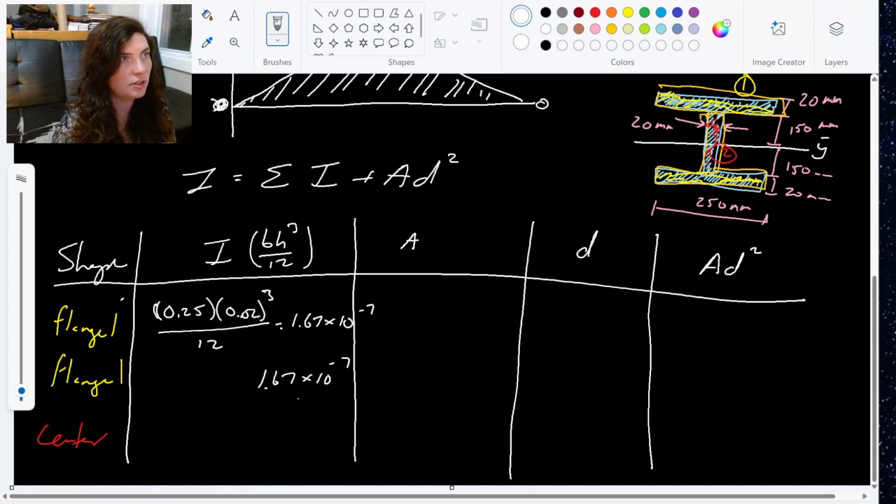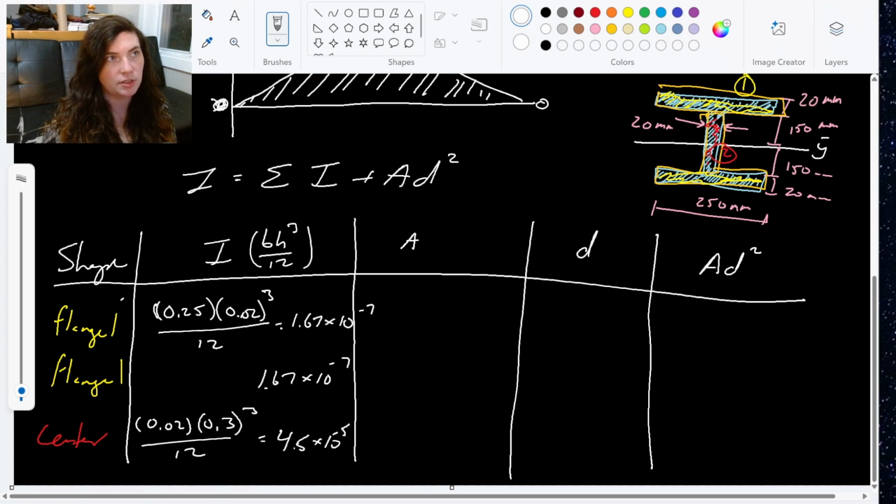And then for my center line here, it's going to be a base of 20, 0.02, times the height, which is 150 each direction, so that's a total of 300 millimeters, or 0.3 meters, cubed over 12, which gives me the base moment of inertia, 4.5 times 10 to the negative 5th.